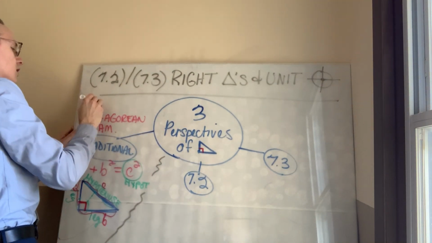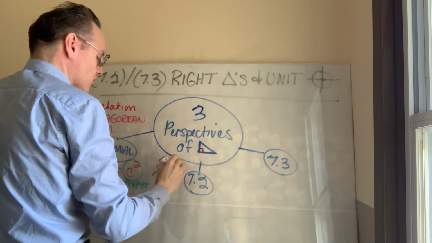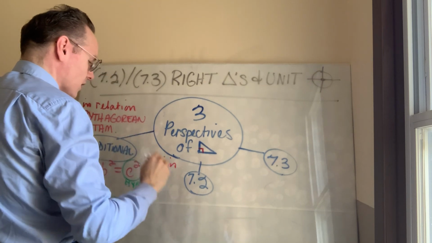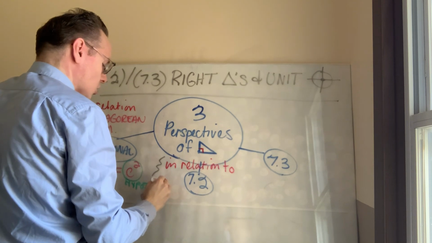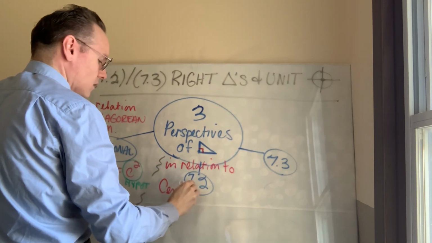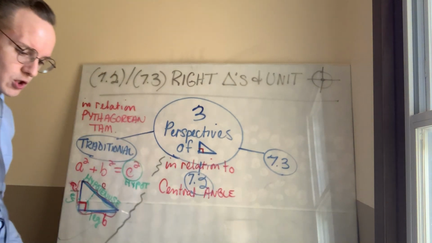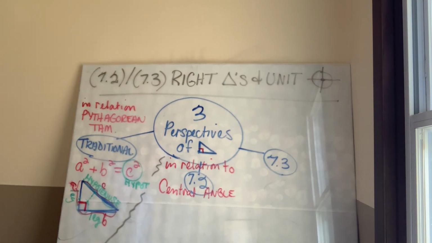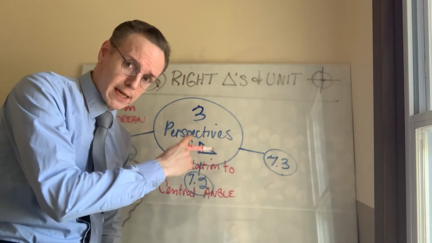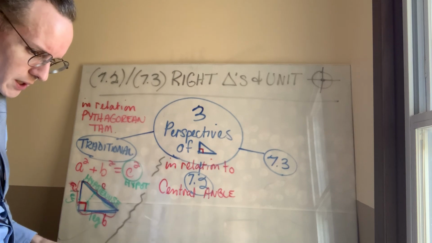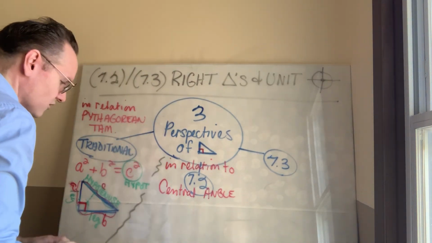If this is in relation to the Pythagorean Theorem, then section 7.2 has the perspective of our right triangle in relation to a central angle. Remember, if you have a central angle, that means your vertex would be, if it was superimposed upon a coordinate plane, it would be at the origin. Anyhow, it would normally, a triangle would be oriented like this.